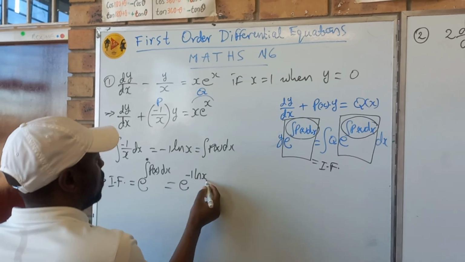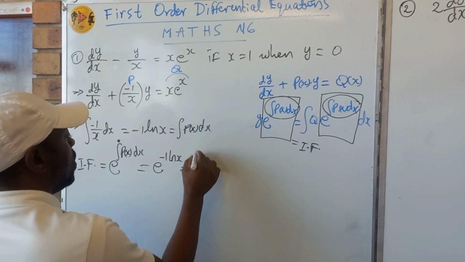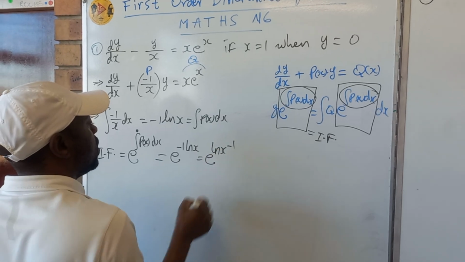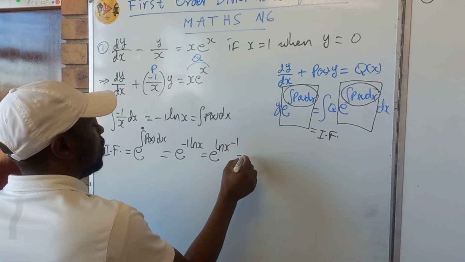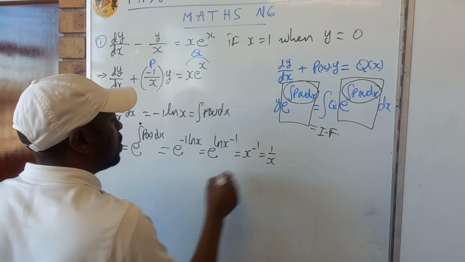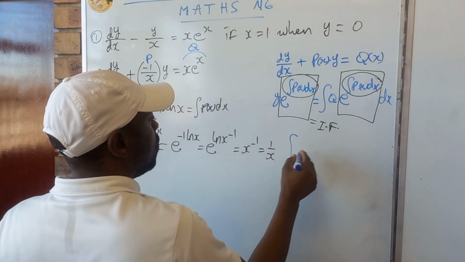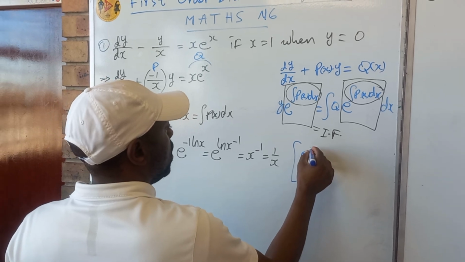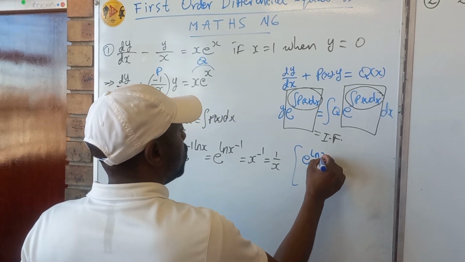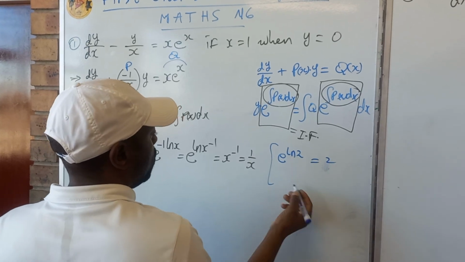This negative 1, you have to apply the law of log to take it to the exponent, which is e to the power the ln of x to the power negative 1, and that will give us x to the power negative 1, which is the same thing as 1 over x. So that is the law of exponent that we expect Math 6 students to know very well, that each time you get e to the power the ln of 2, your answer should be 2. If you try that in the calculator, that is what you will see.